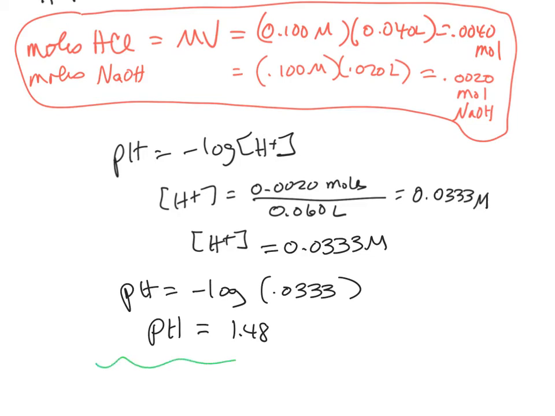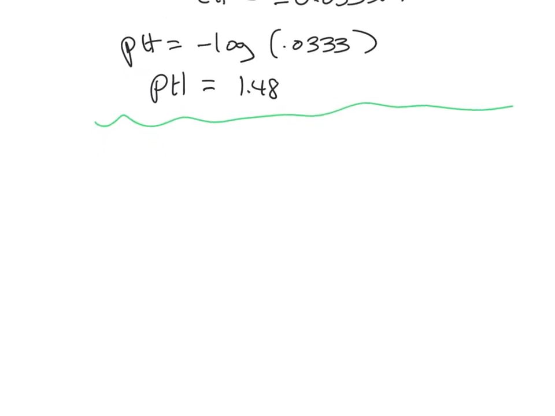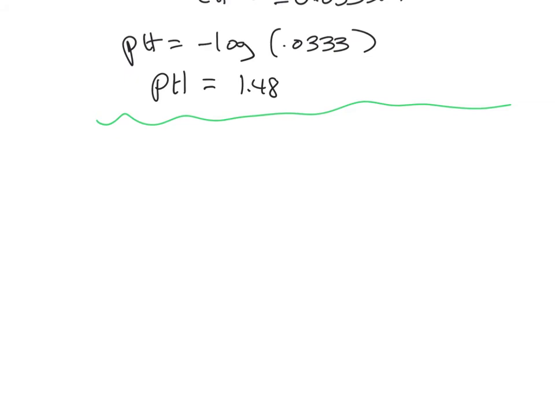Then our third calculation will be associated with adding more sodium hydroxide from the burette. So for the next step, it's going to be 40 milliliters of sodium hydroxide added. Now think about it. In part 1, there was 0 milliliters added.